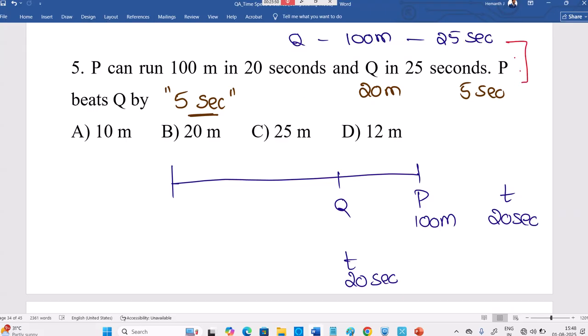You subtract these two, no? In 20 seconds, 80 meters. So P can beat Q by 20 meters. If you want to give the statement, P should complete the race; by that time, what has Q traveled?